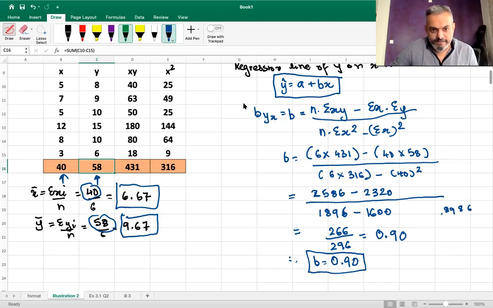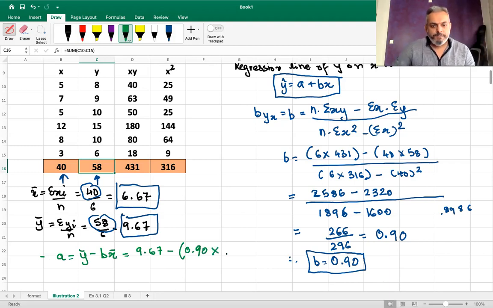Some students have started messaging me the answer also. Chalo, very good. Now, a is equal to y bar minus b x bar, which is equal to y bar is 9.67 minus b is 0.90 into x bar is 6.67, which is equal to 9.67 minus 0.90 into 6.67 is 6.003.